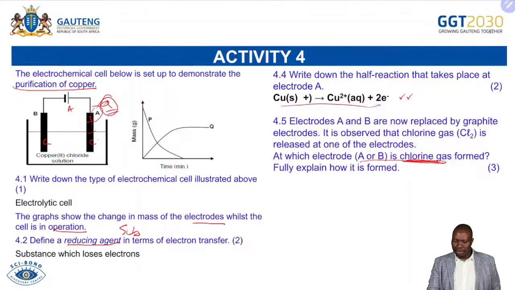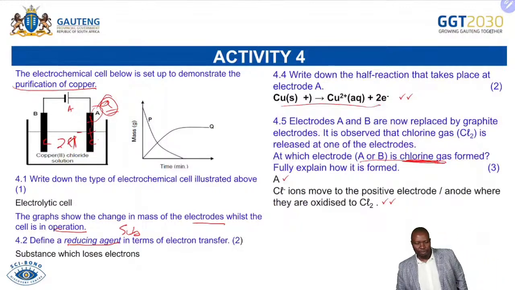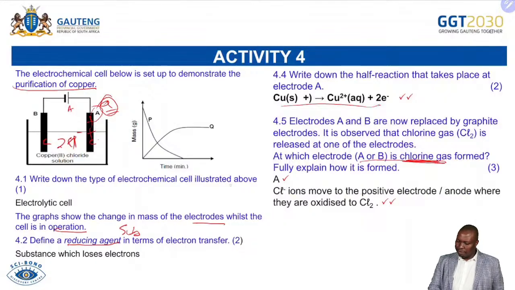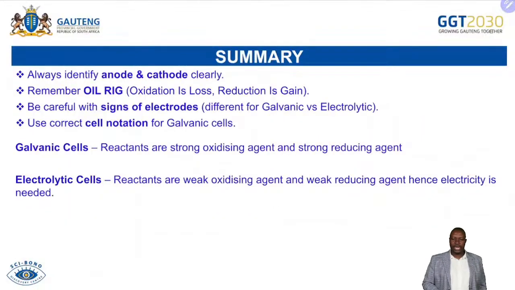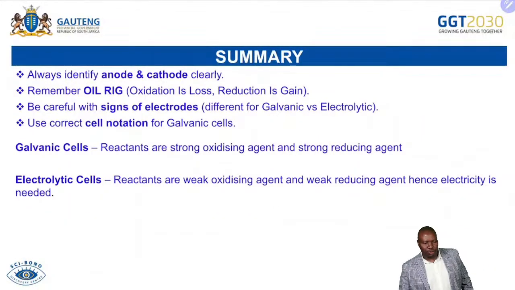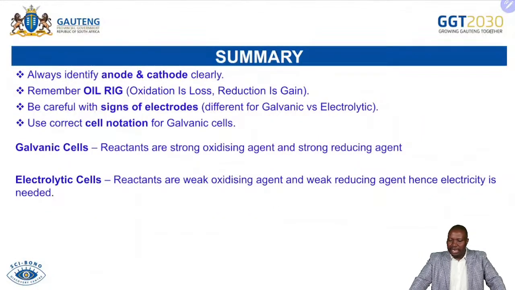Remember this is positive, and the 2Cl minus from the solution will be attracted to that one, and chlorine gas will be formed. So we're saying Cl minus is at A because Cl minus moves to the positive electrode where it is oxidized to Cl2.